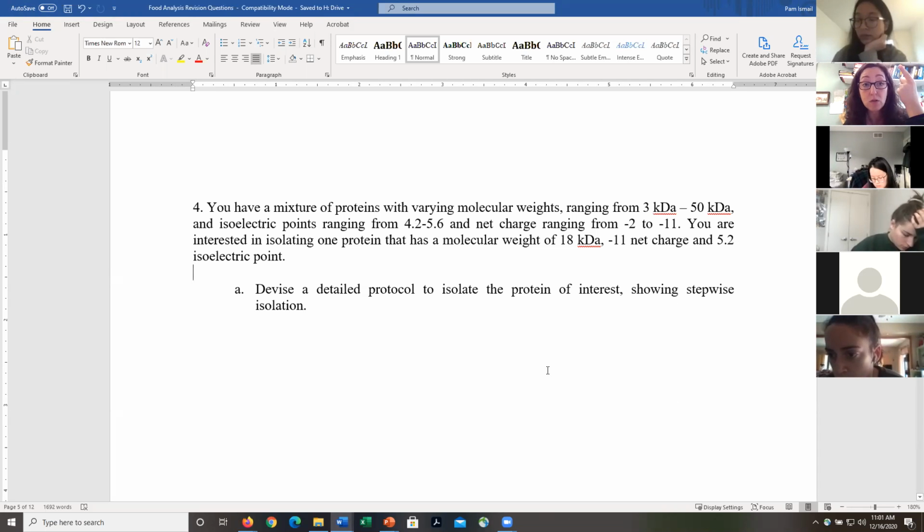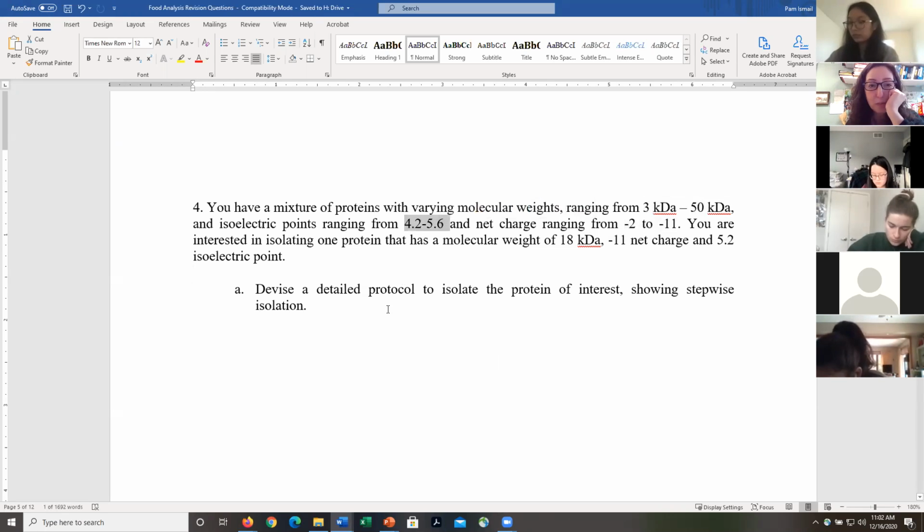Then I can do size exclusion chromatography, followed by anion exchange, or I can do anion exchange chromatography followed by size exclusion. It doesn't matter the order. But in this case, I'll be looking at you saying 3 methods of separation to isolate this protein: size exclusion, anion exchange, isoelectric point precipitation.